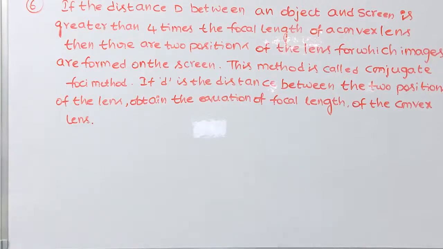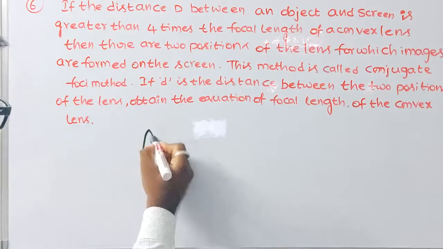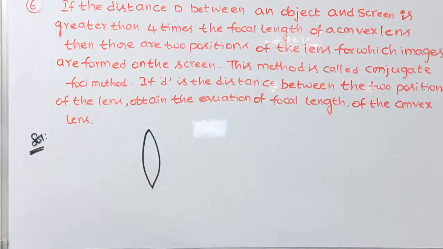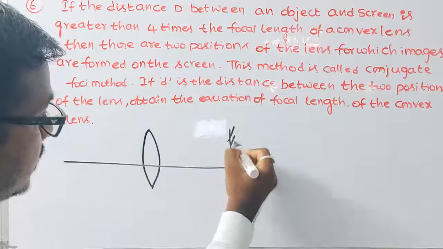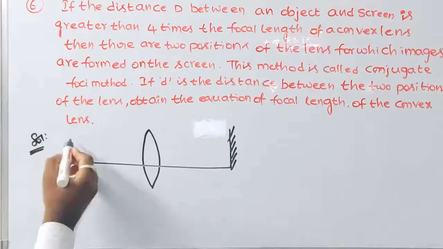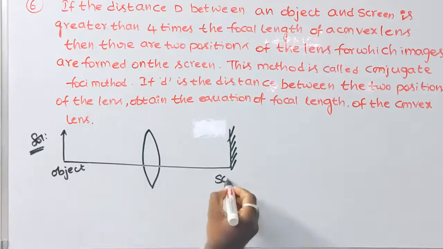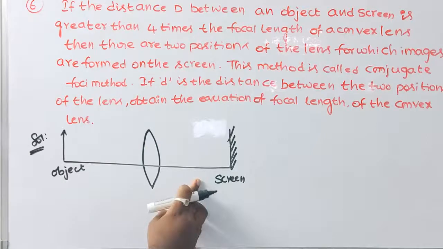In this method, the convex lens is used. First, draw the diagram. This is the object, and this is the screen at the end of the optical bench.